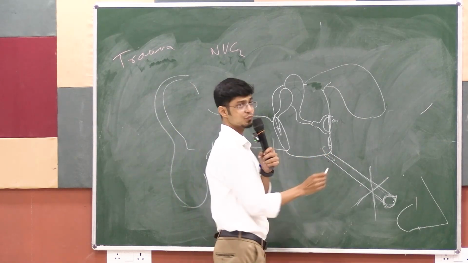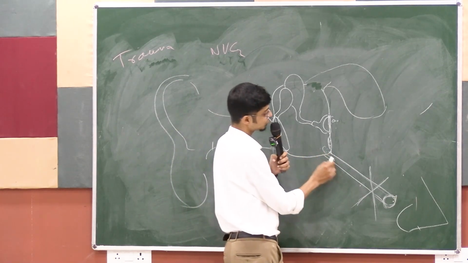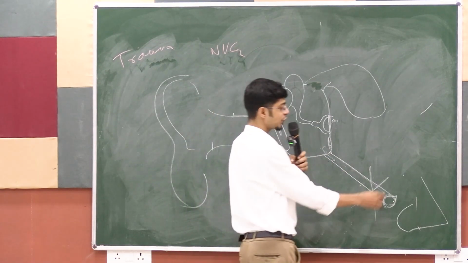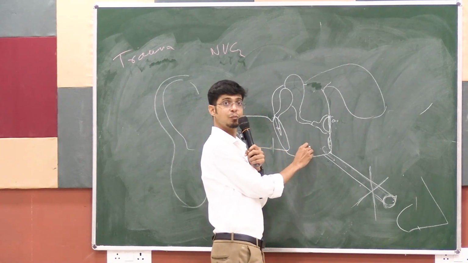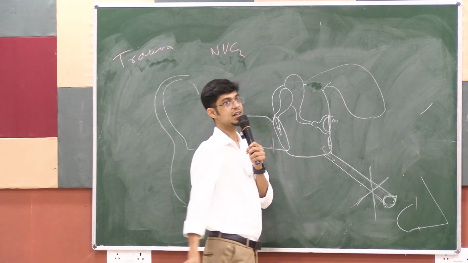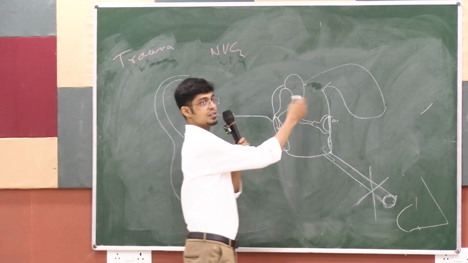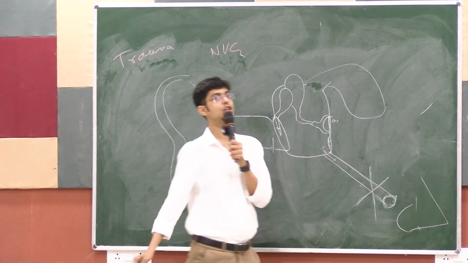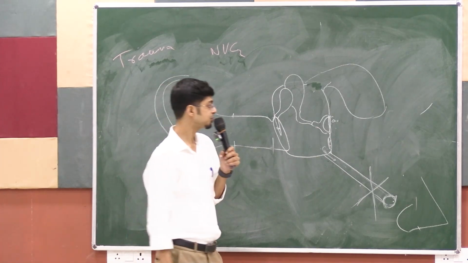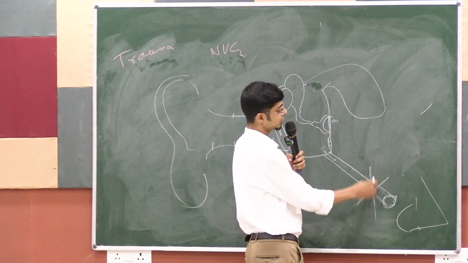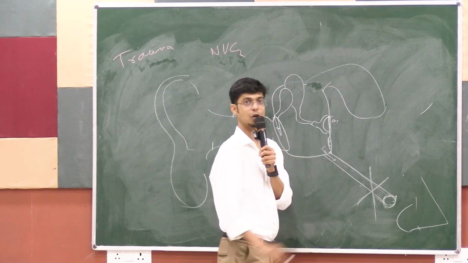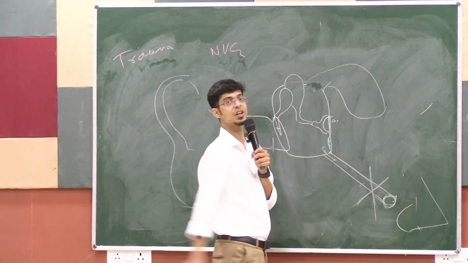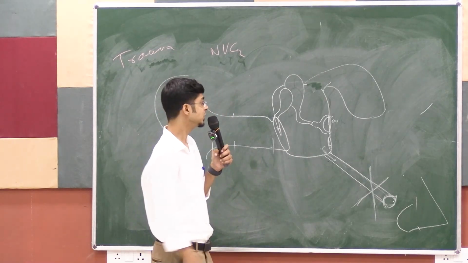So what happens is, there are two things that are moving through this Eustachian tube. One is obviously the air from the nasopharynx, which maintains the pressure in the middle ear cavity, right? And second, the normal secretions of the middle ear that are supposed to come out through the Eustachian tube are not coming out. Okay, so first the air passage is blocked, so there is no passage of air from the nasopharynx to the middle ear cavity. So what will happen?